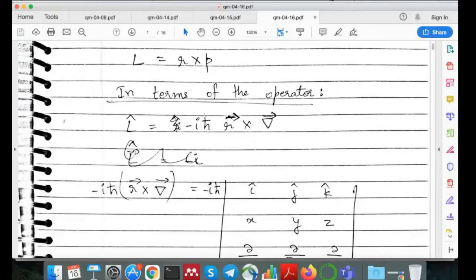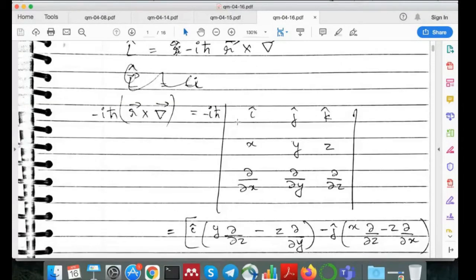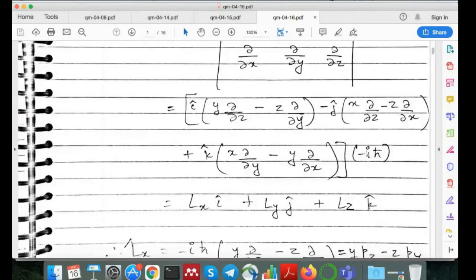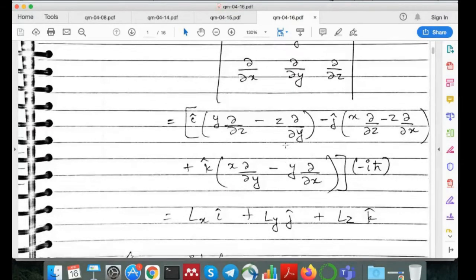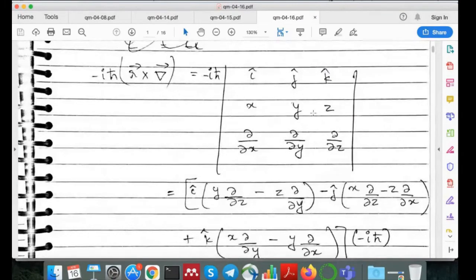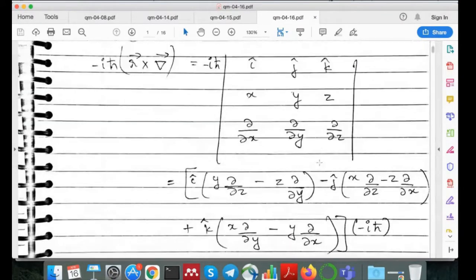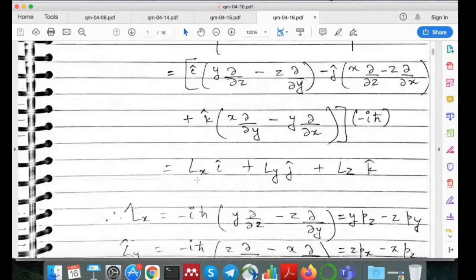If you look at r cross del, you can do it in the matrix way. You put i, j, k, x, y, z, dou by dou x, dou by dou y, dou by dou z, and you'll get minus i h-bar times this. You just have to compute the determinant here. That's what we have done here. We have computed the determinant, and you'll get Lx i plus Ly j plus Lz k.